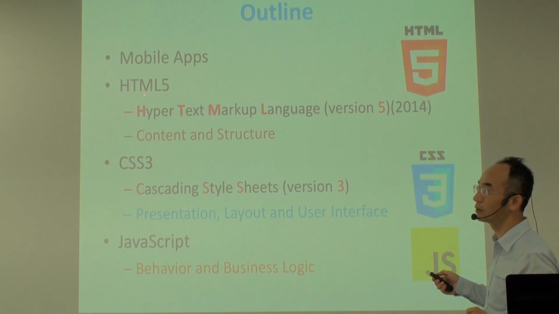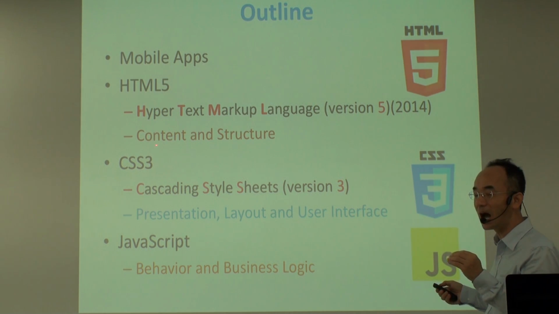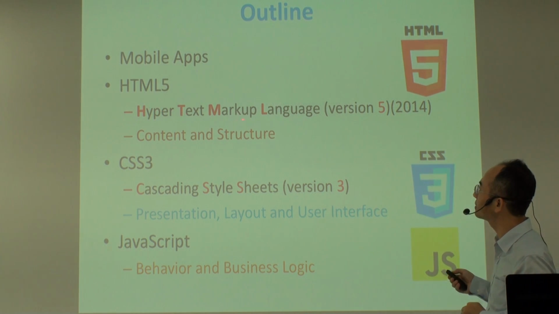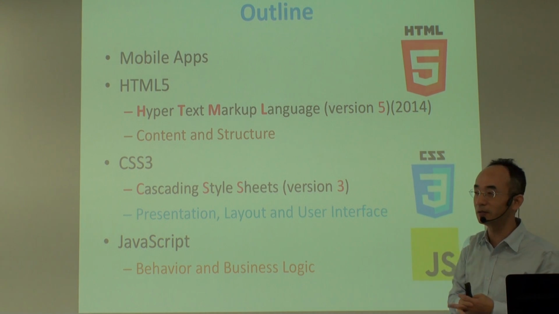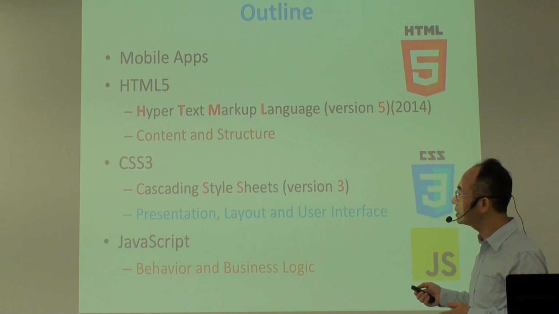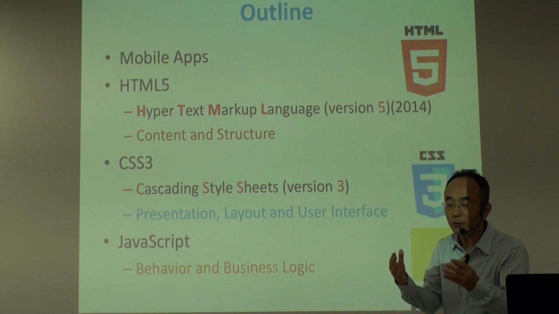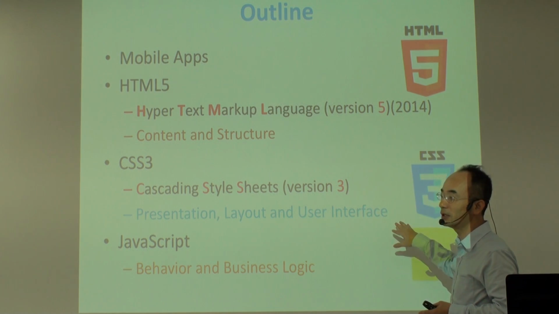We will talk about how to design our content and structure in HTML5, Hypertext Markup Language version 5, starting from 2014, and we'll be using CSS3, Cascading Style Sheets version 3, for your beautiful user interface: presentation, layout, and user interface.